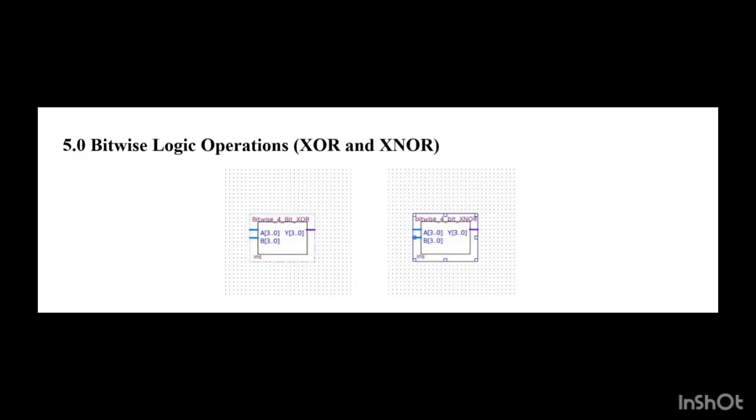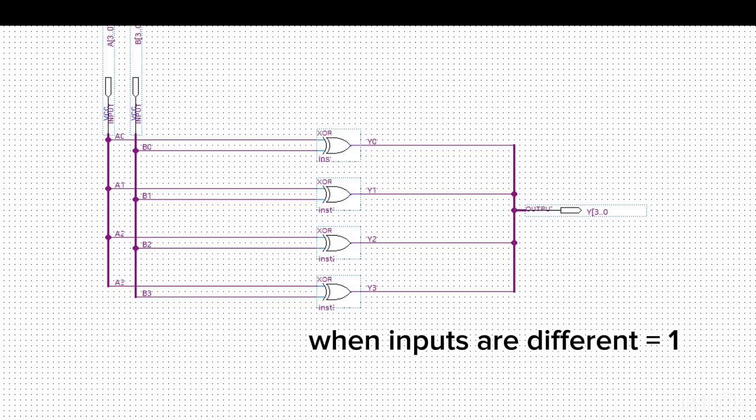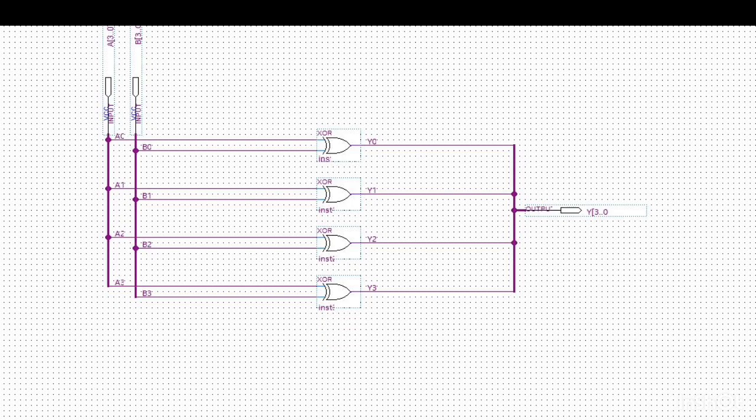And then, in addition to arithmetic operations, XOR and XNOR are required to support bitwise logical operations. The XOR operation produces a logic high output when the input bits are different. For example, a 4-bit XOR logic unit is implemented by applying the XOR operation bitwise to the input operands A and B. Each bit of A is XORed with the corresponding bit of B, producing a 4-bit output.